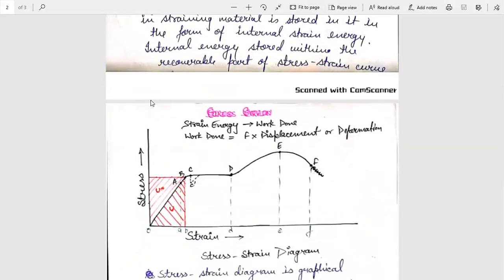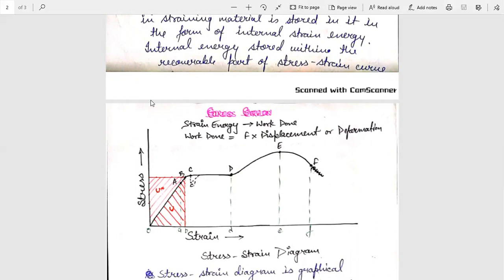After the yield point stress is reached, the ductile extension takes place and the stress increases at an accelerating rate as represented by C to D. Now, in this region, C to D, there is no noticeable increase in tensile force. The material becomes perfectly plastic in this region, which means that it can be deformed without an increase in applied load.